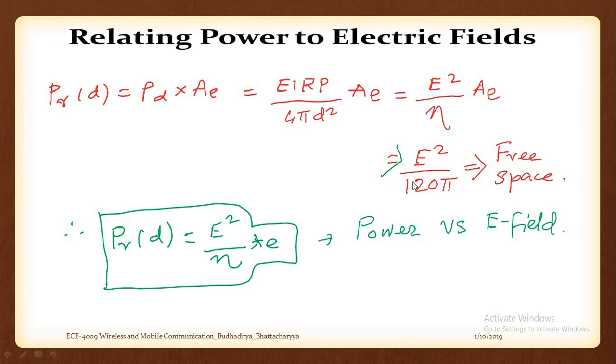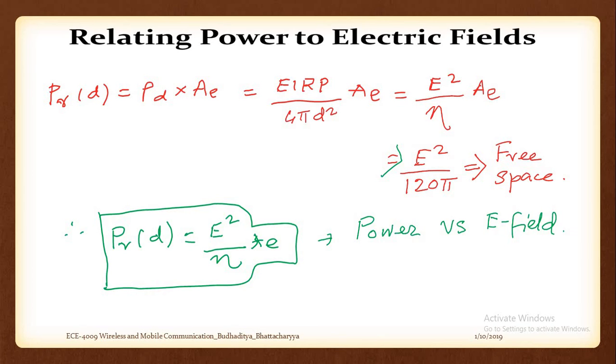Can anyone remember EMFT days, wave propagation? When we did wave propagation, there was free space propagation. There was a dielectric through which it goes. We had something called intrinsic impedance.